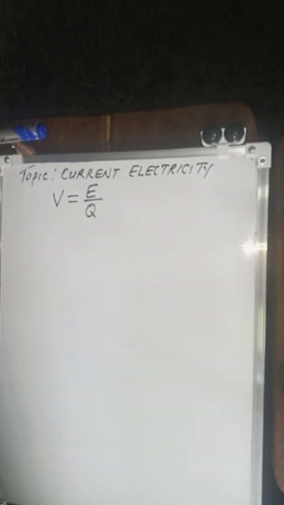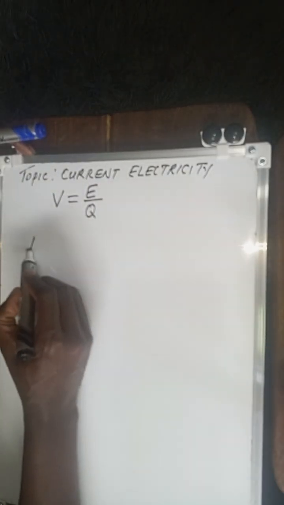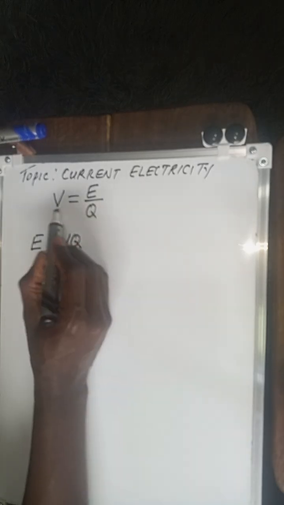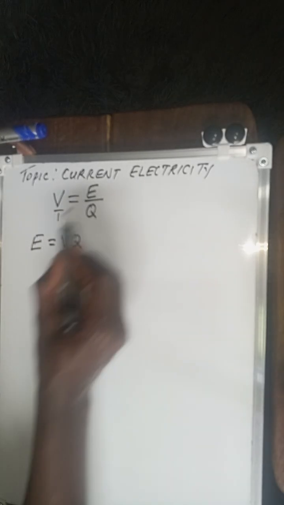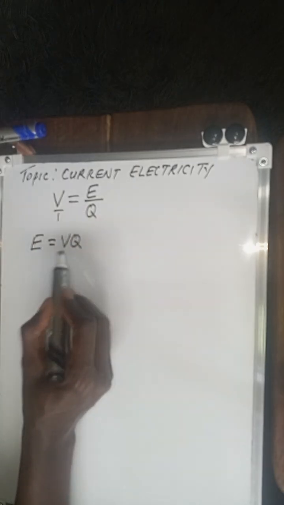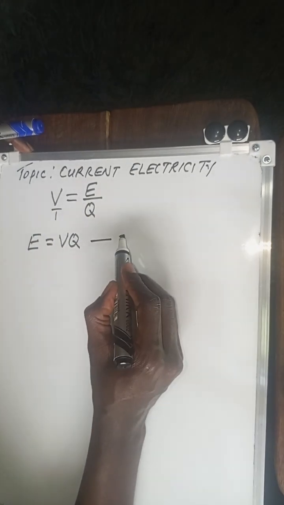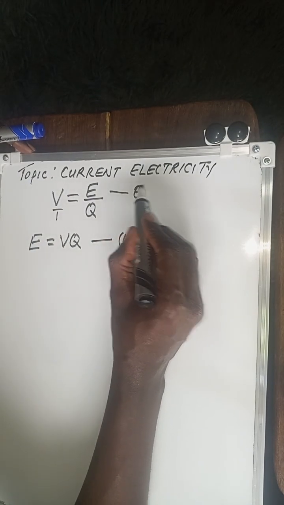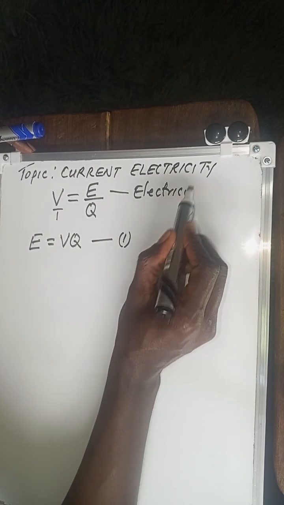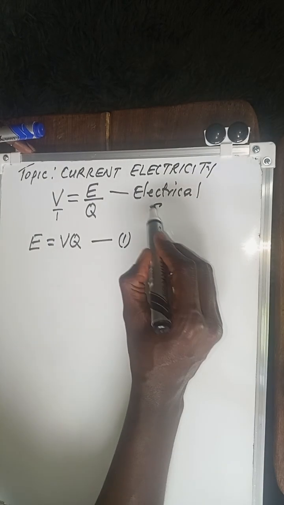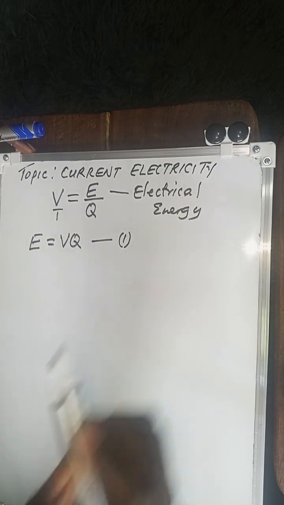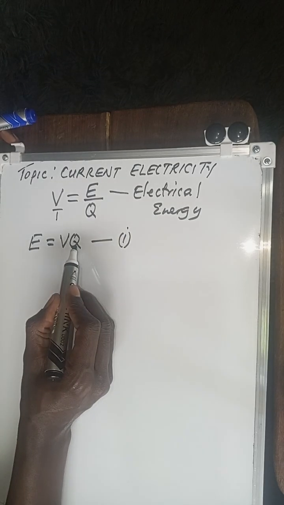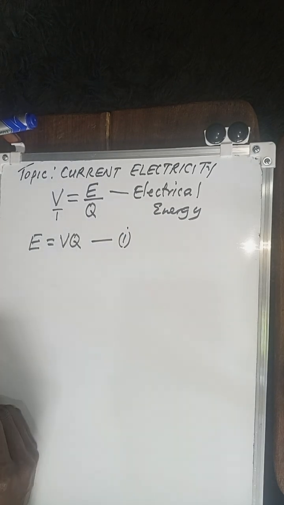We can make E the subject of the formula, and when I do that, E is equal to voltage multiplied by charge. So you can say over 1, then cross multiply. This times that will give you E. E represents what we call electrical energy. So electrical energy can be calculated if you know the voltage and the charge.